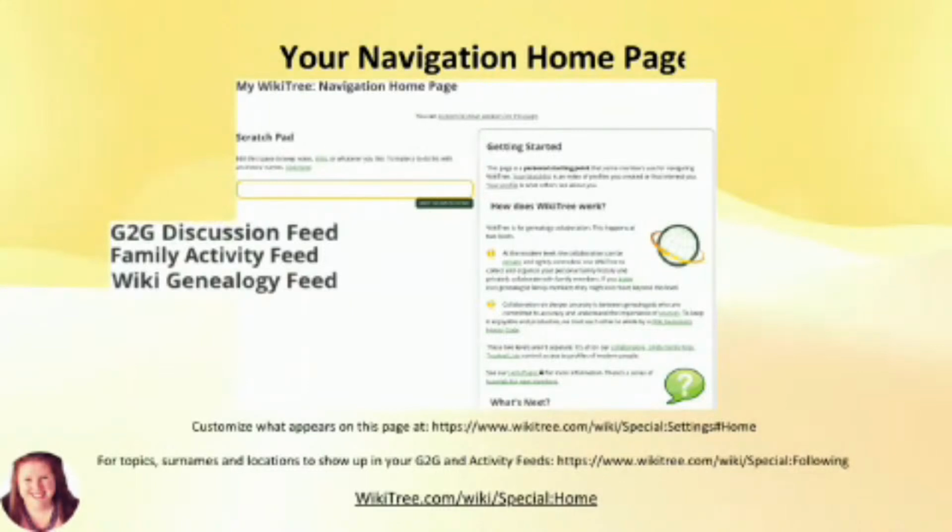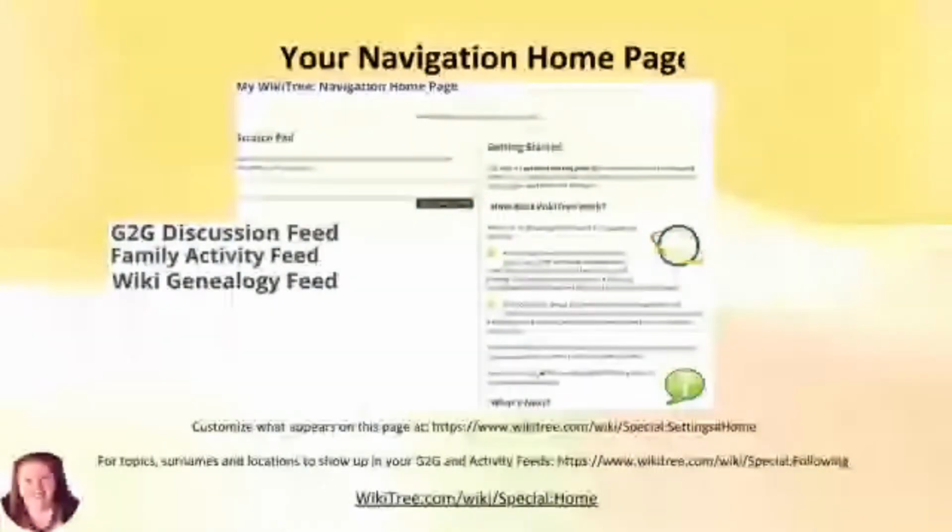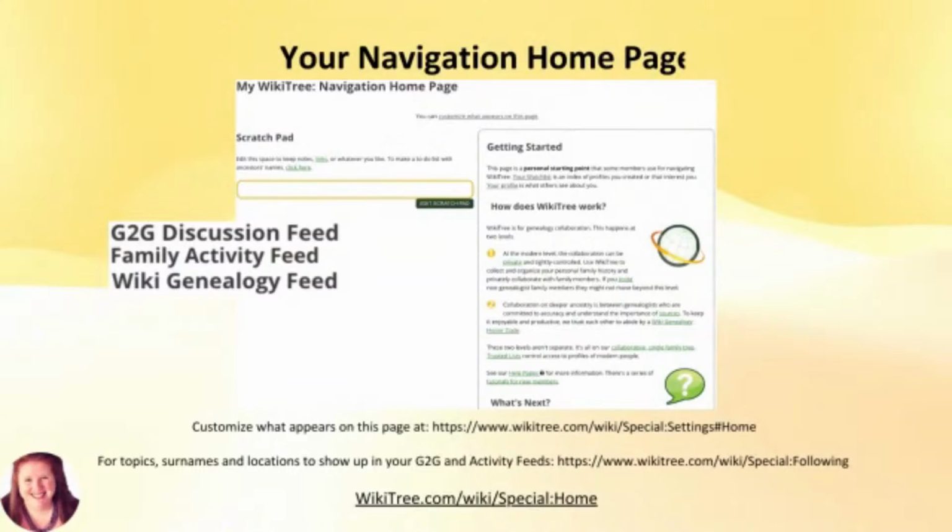So go ahead and check those out and get yourself all set up. Those feeds are going to be keyed off of the genealogy communication preferences that you set up towards the beginning. Those are those locations, surnames, and topics that you'll be interested in following, and that's the result that will be showing up in the feeds there.